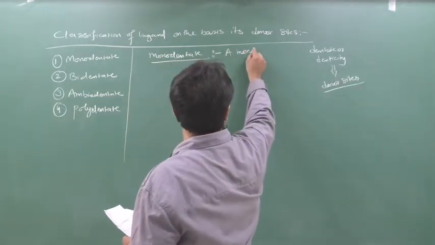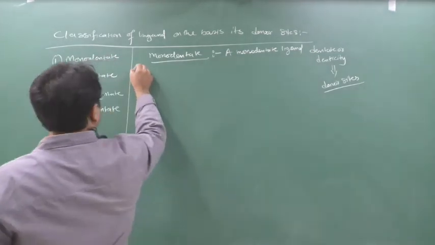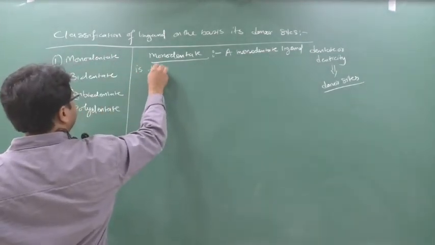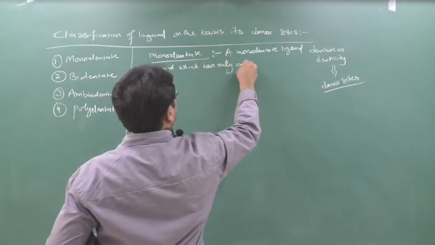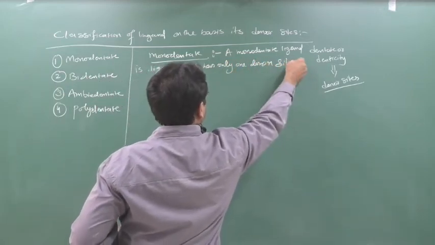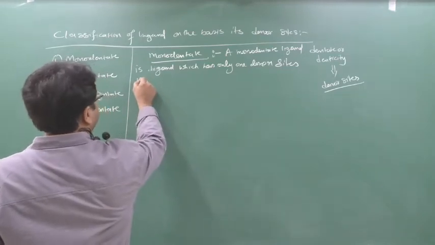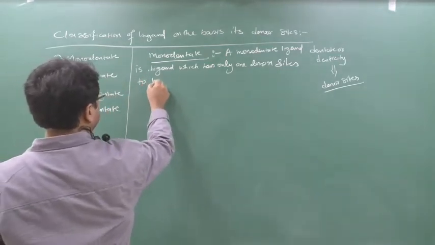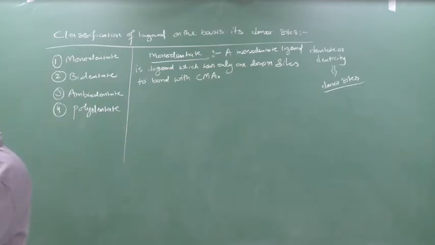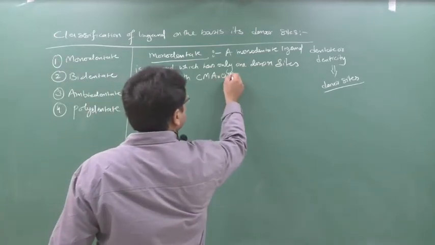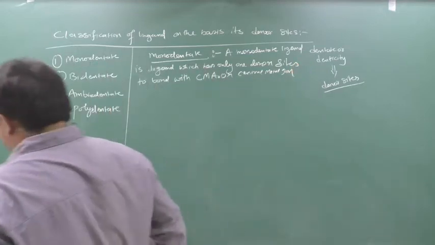Write down along with me: a monodentate ligand is a ligand which has only one donor site, which is used to bond with the central metal atom or ion. Clear?